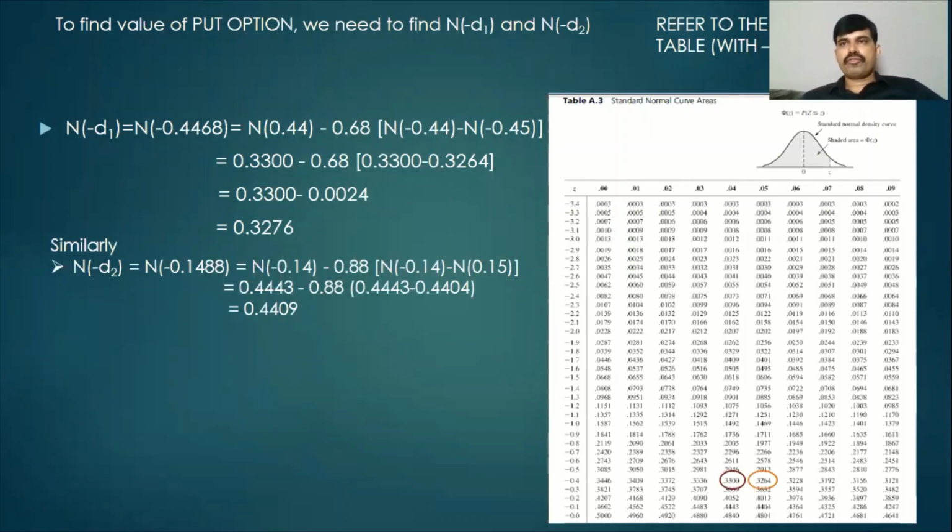So similarly, if I have to consider the value of N minus D2, it is nothing but N of negative 0.1488, which can be further divided into 2 decimals and 4 decimals.